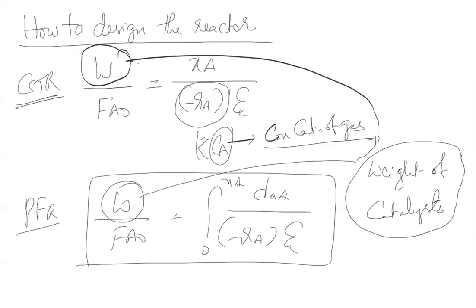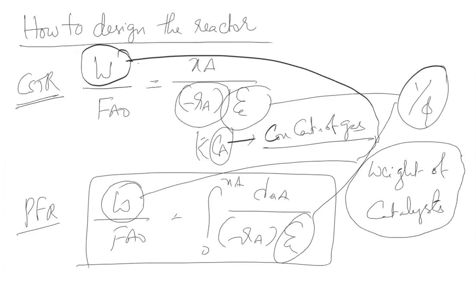The k's depend upon the rate equation. What is the effectiveness factor? It is 1 by 5.